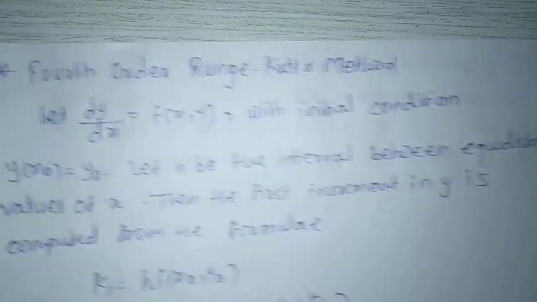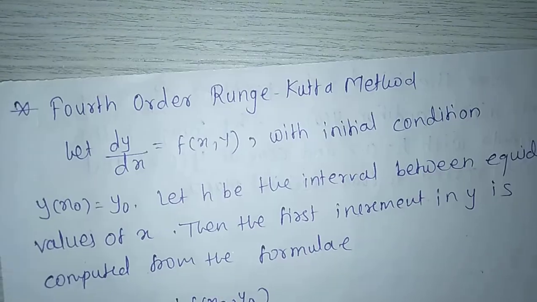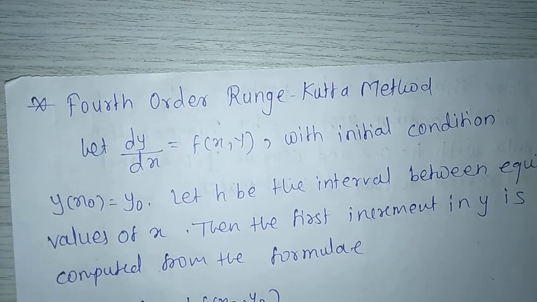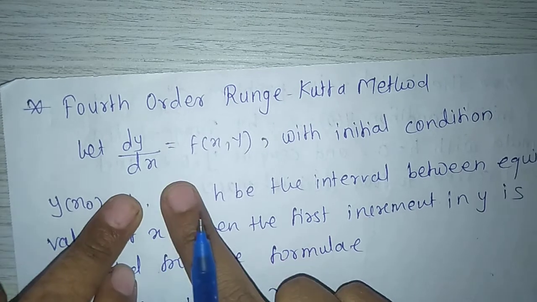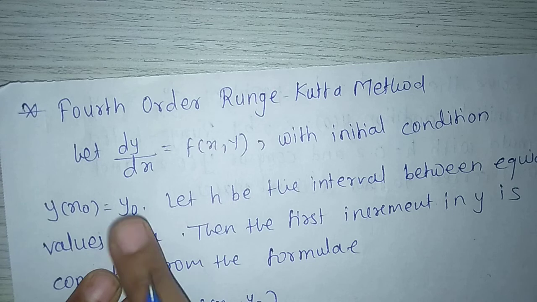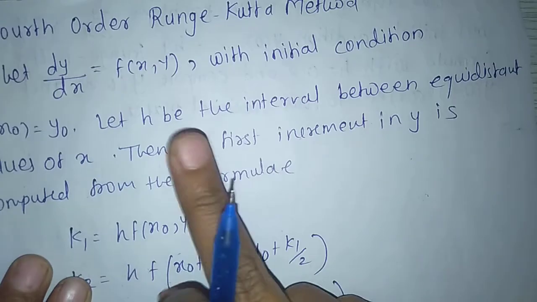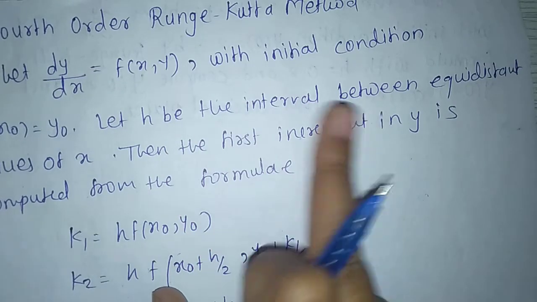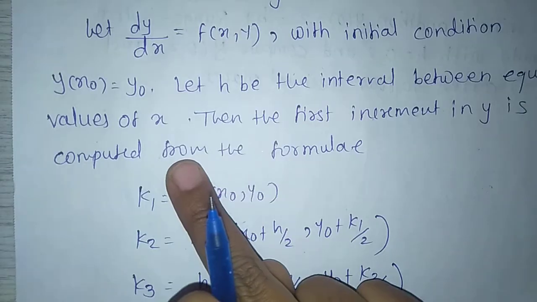Now, the fourth order Runge-Kutta formula or method. Let dy by dx equal to f of x, y with initial condition y at x naught equal to y naught. Let h be the interval between equidistant values of x.